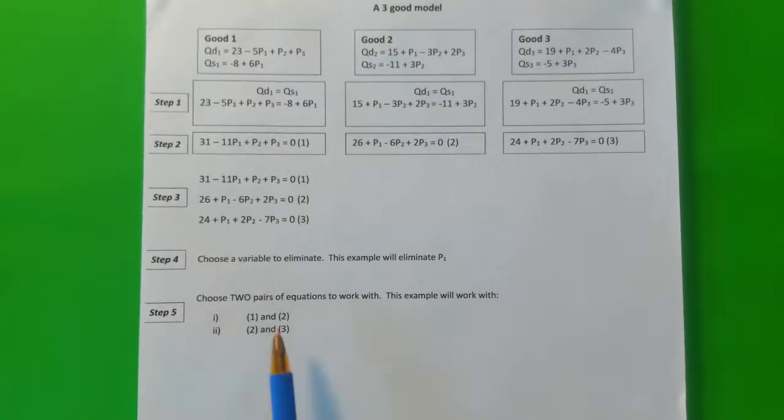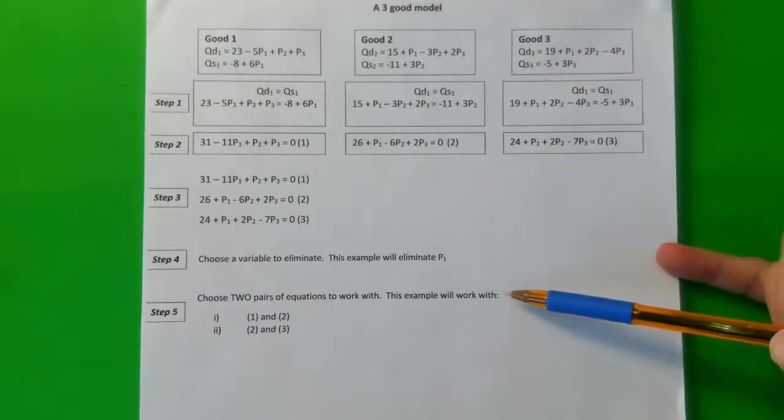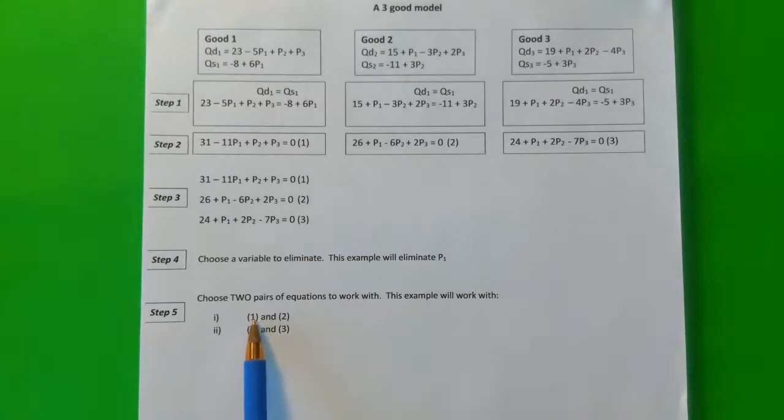The next step is then to choose two pairs of equations to work with. Again, it's slightly different from our approach in class. Here we are going to work with equations 1 and 2, and then equations 2 and 3, whereas in class we worked with equations 1 and 3 as our first pair, and then 2 and 3 as our second pair.